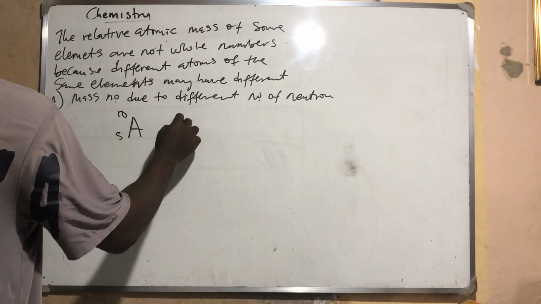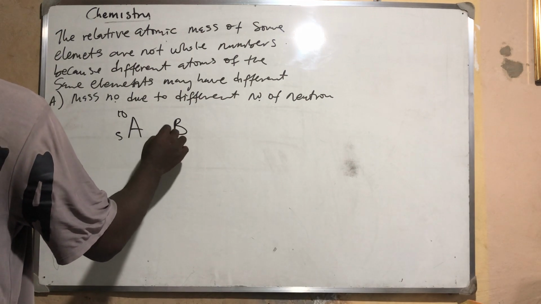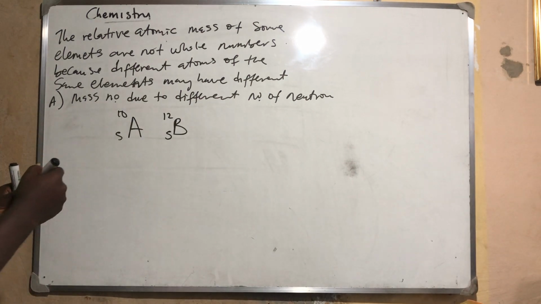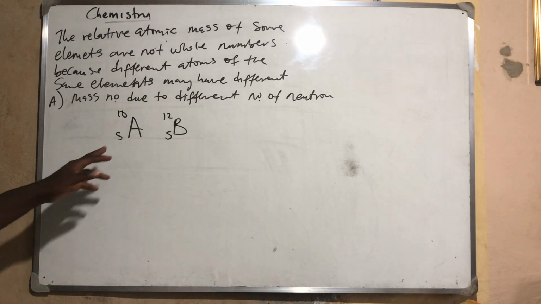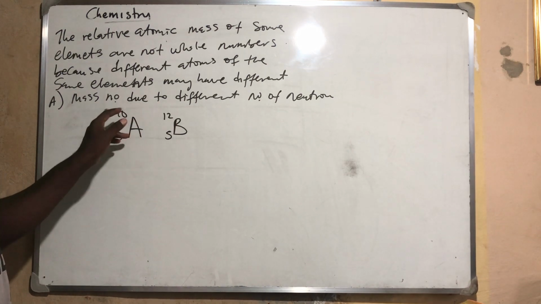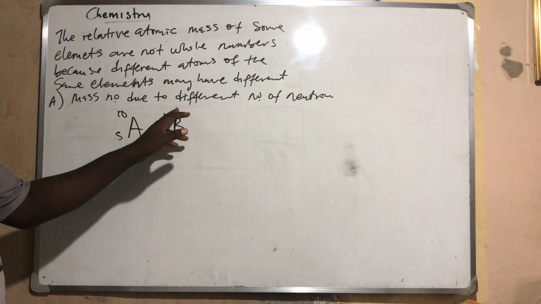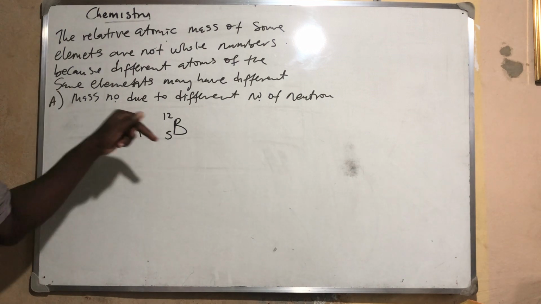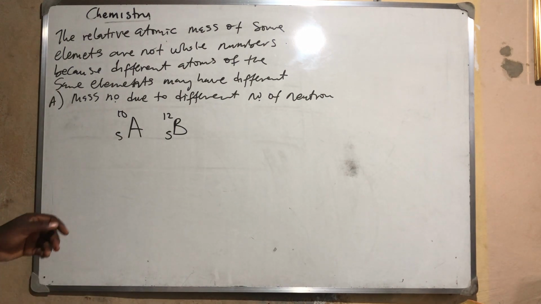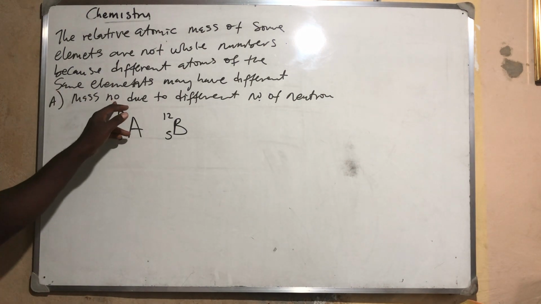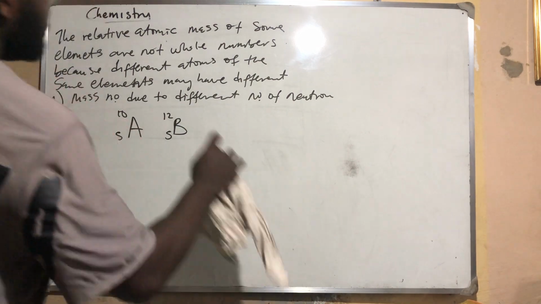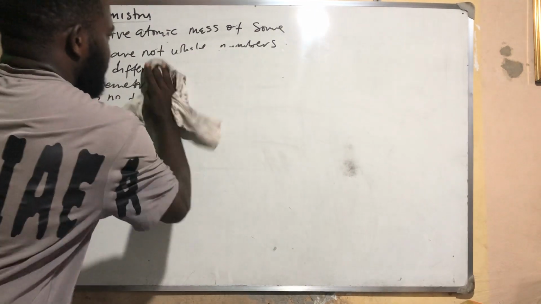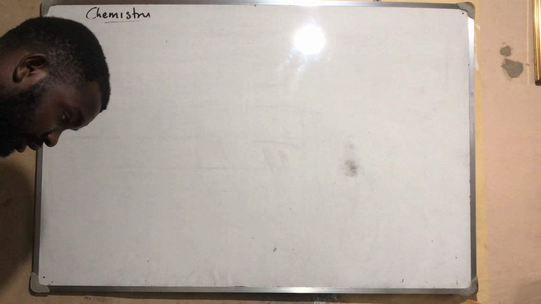Then I have B, 5 here and 12 here, something like that. You see that they have the same atomic number but different mass number. And what brought about different mass number is because they have different neutron number. Okay, so the reason is because they have different mass number due to different neutron number. And what does it mean? They have an isotope. Okay, so A is the answer, even without doing anything. That's a very simple question.